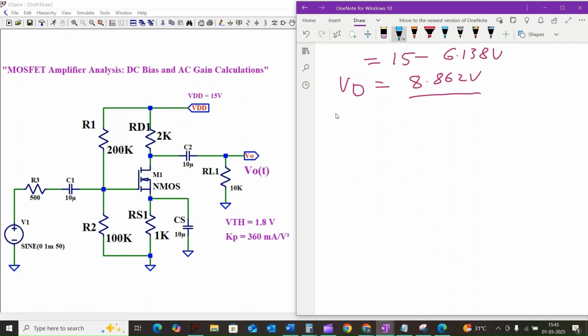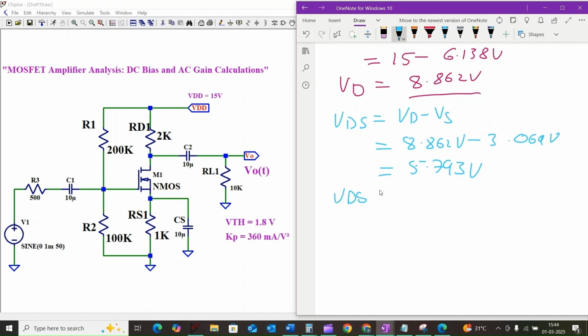And similarly, the value of VDS is equal to VD minus VS, and we know that the value of VD is 8.862 volt minus 3.069 volt, which is equal to 5.793 volt, and we need to confirm the second equation, that VDS is greater than or equal to VGS minus VTH.